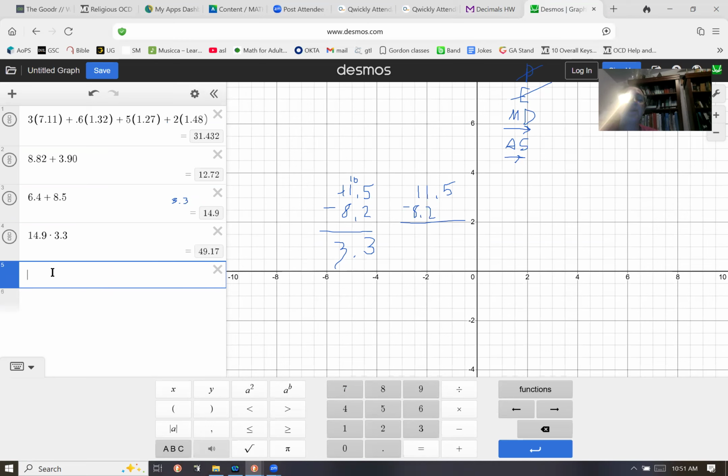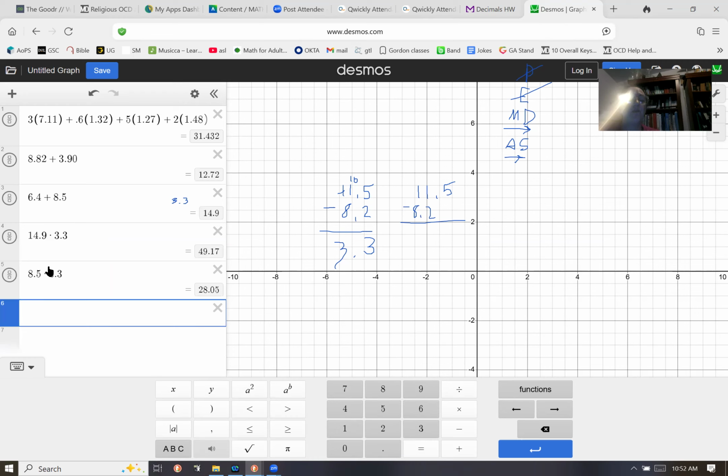But if we do the multiplication first and we do the 8.5 times the 3.3, and then we add that on to the 6.4, we get 34.45. You can see it's two different answers.